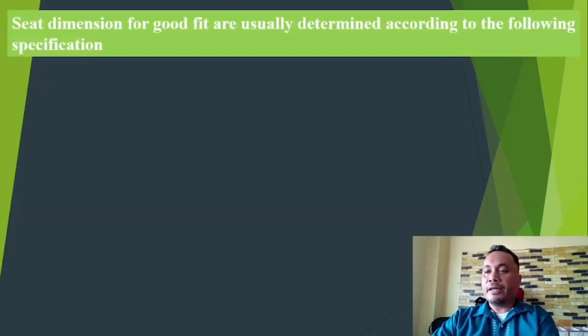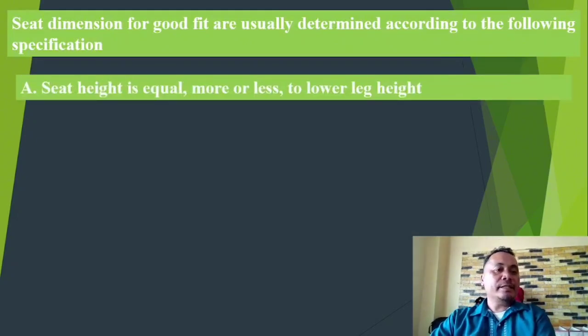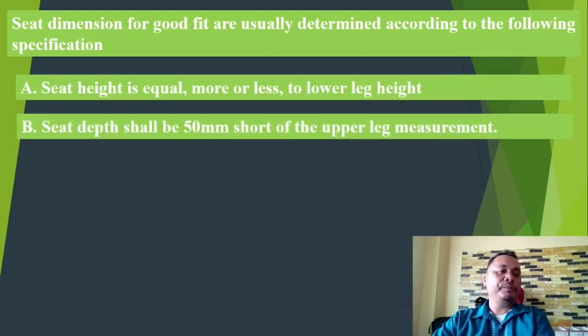Okay, so seat dimensions for good seating are usually determined according to the following specifications. First, seat height is equal, more or less, to lower leg height. And then seat depth shall be 50 millimeters short of upper leg measurement.